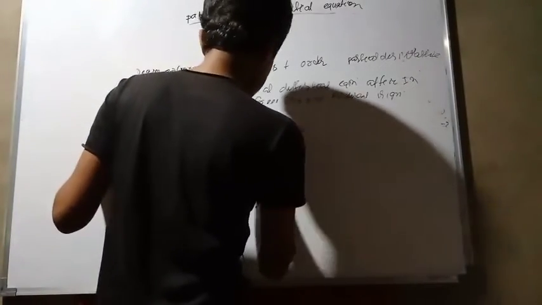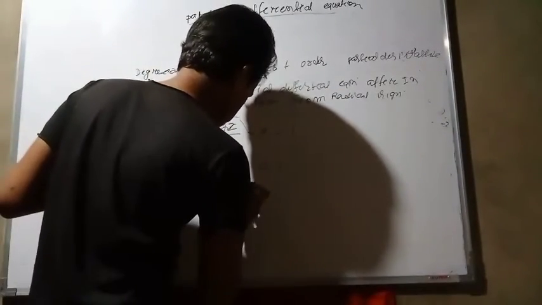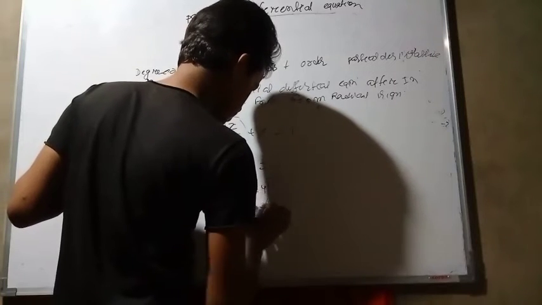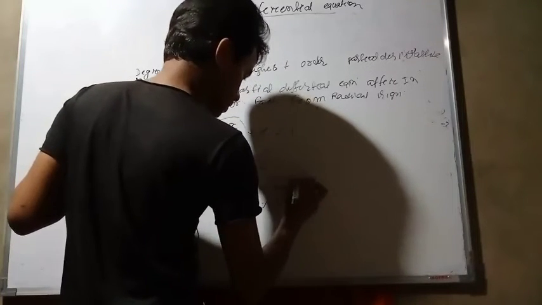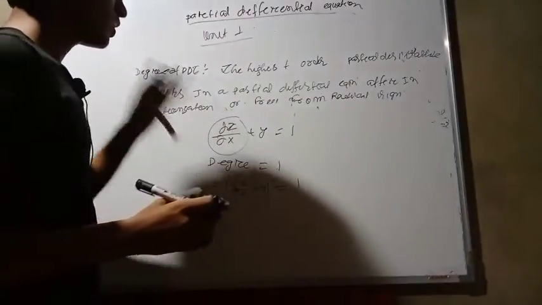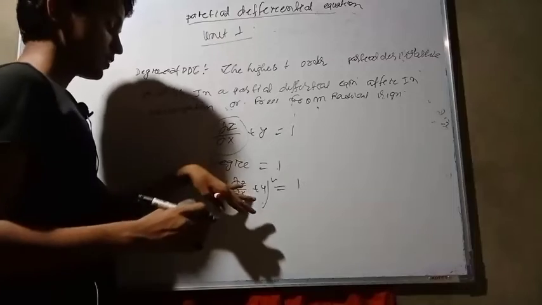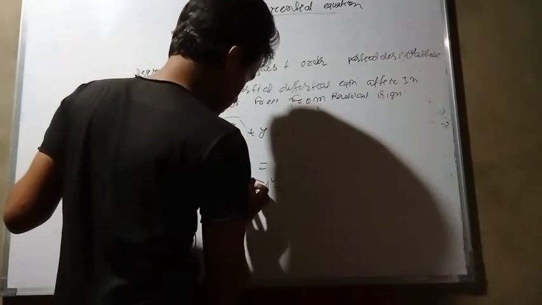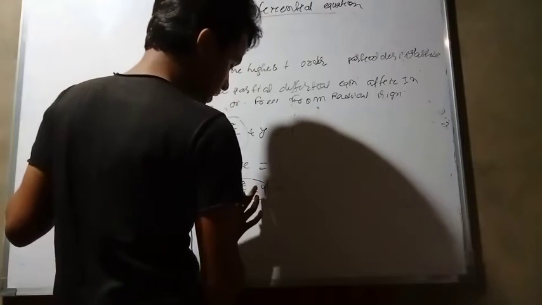If I square this equation, (dz/dx + y)², we cannot say the order is 1.